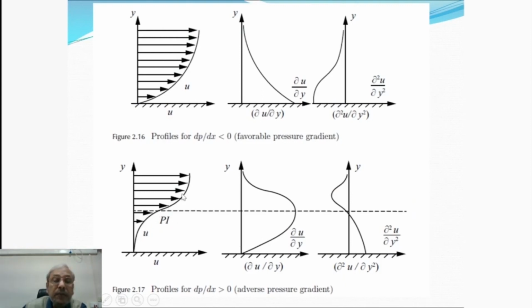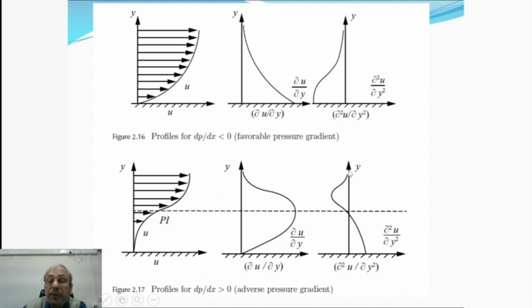Now this is a scenario. Here we can see the velocity profile is like this because it is under adverse pressure gradient, dp/dx is positive. So pressure is increasing in the x direction, and the flow is decelerating. This is typically the profile of ∂u/∂y, but the curvature is positive at the wall, and finally at the free stream it has to be 0.